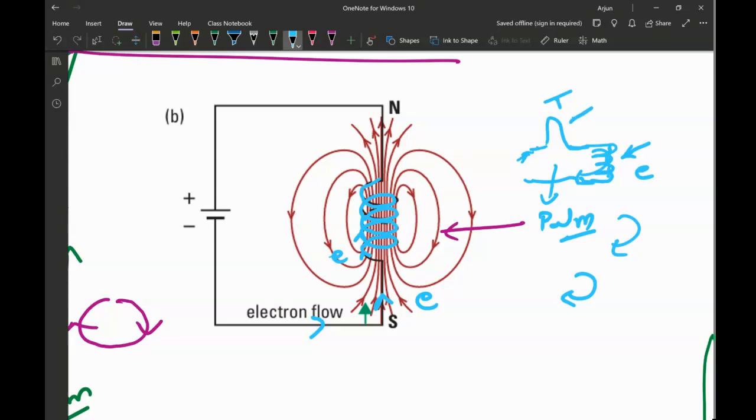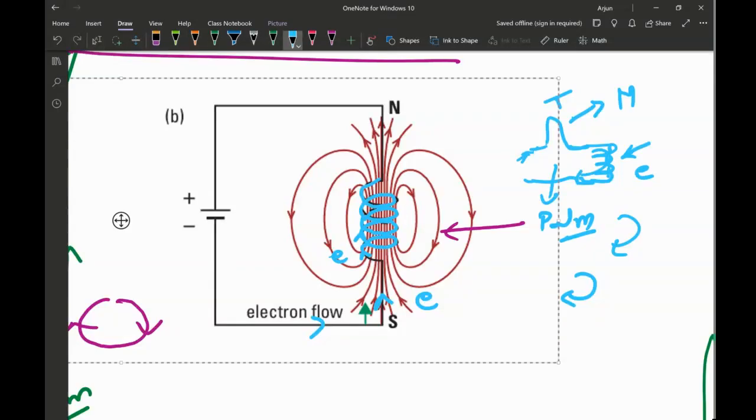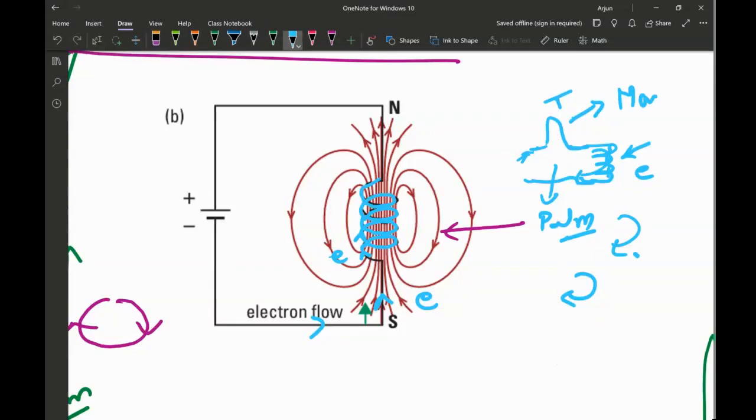Now your thumb will represent the magnetic north. So what I'm going to do here is erase this and draw an artificial magnet inside this coil, and the thumb, as I said, is pointing up.